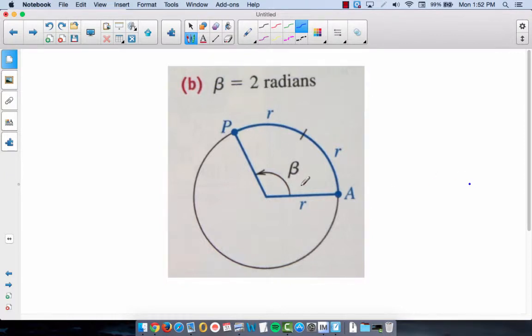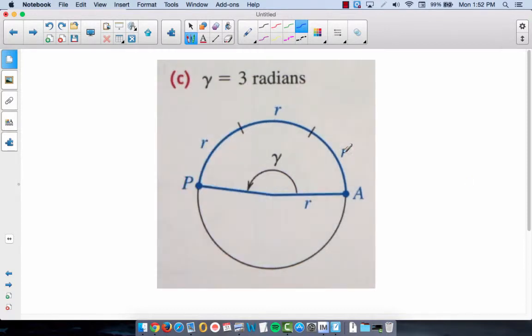Another example here. Beta equals 2 radians. We have the angle beta at the center of the circle. The radius is r, and it's showing you that the arc length has a length of 2r. The arc from A to P is 2r. Good? Another picture, similar idea. We've got gamma.